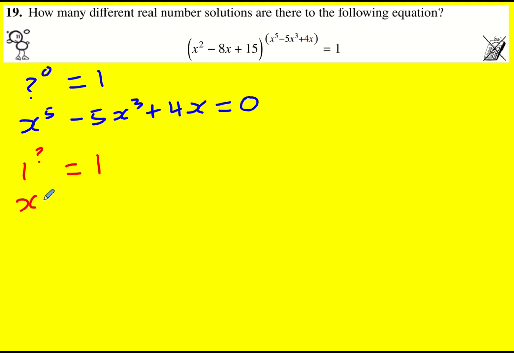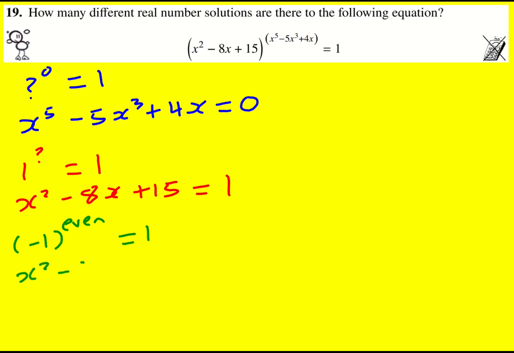So in a minute, we can look at x squared minus 8x plus 15 is equal to 1. And there's one other that's quite easy to miss: minus 1 to the power of an even number is also equal to 1. So in a minute, I can look at x squared minus 8x plus 15 equaling minus 1.